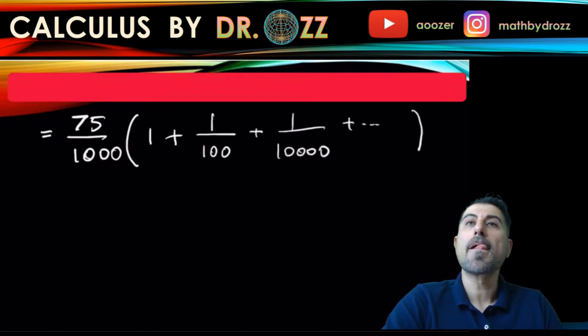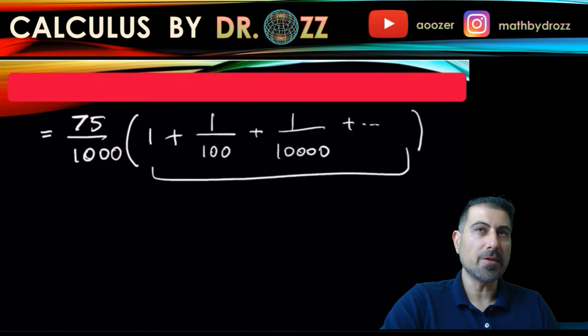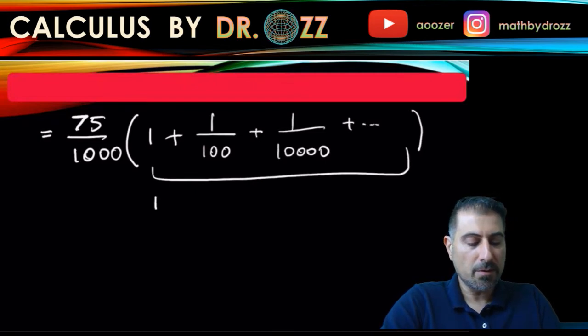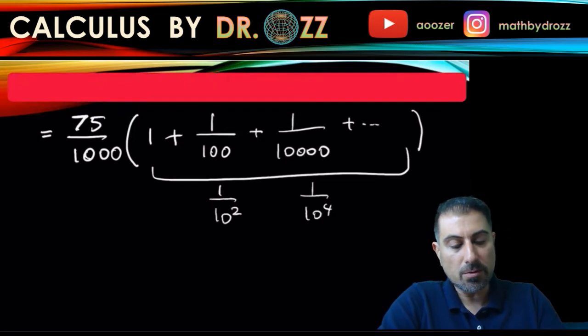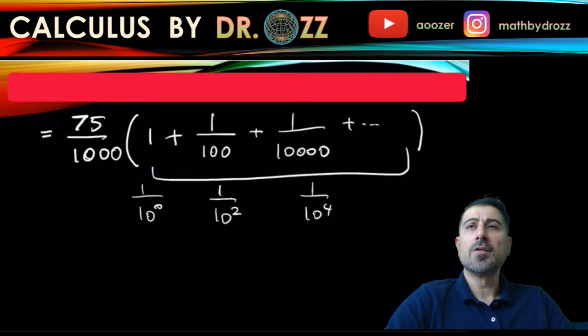Now this has the form of a geometric series, right? Here the 1 is the very first term. This term here is 10 squared. This term is 10 to the 4th. And I can even write the first term as 1 over 10 to the 0. So how do we grab the general term of the geometric series?